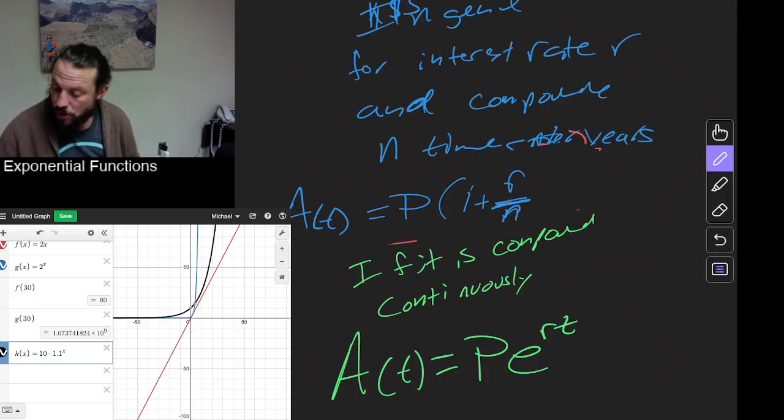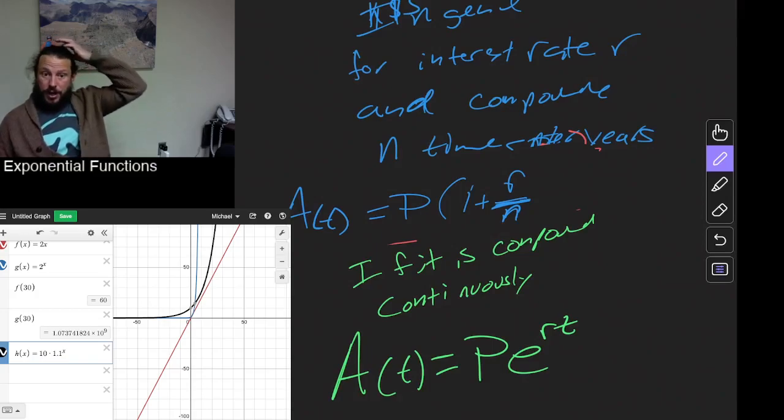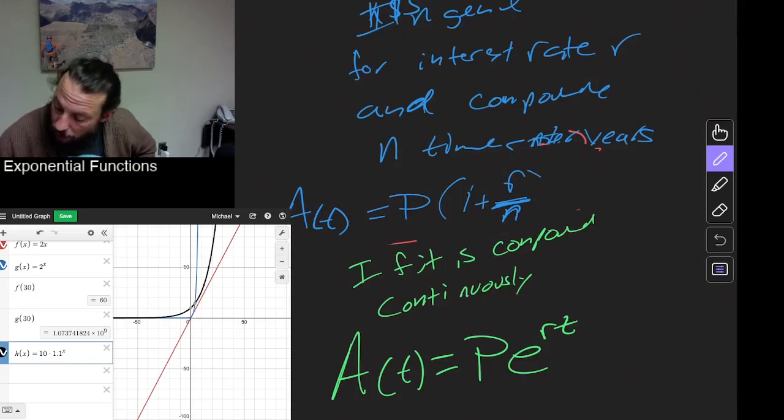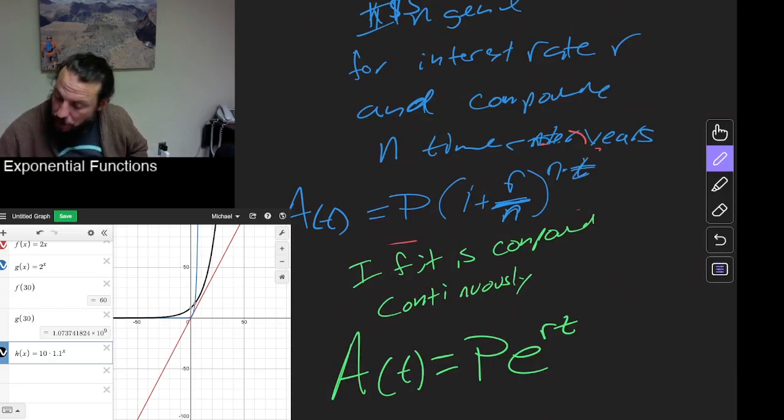So for instance, if it was compounded monthly, that n is going to be 12. That makes somewhat of sense, and that's a formula we could use for money compounded n times per year.